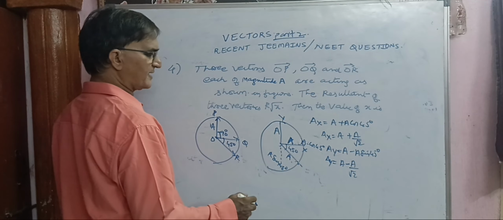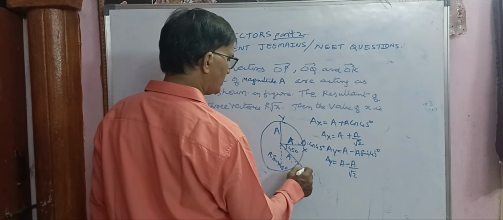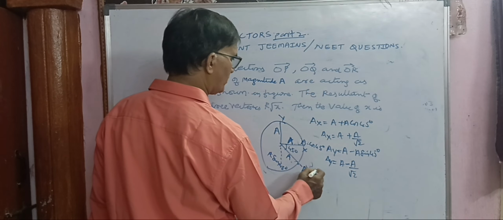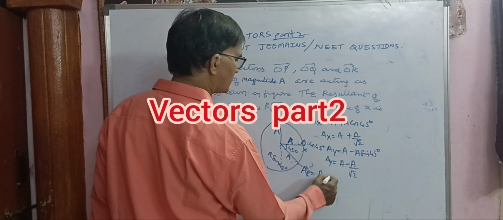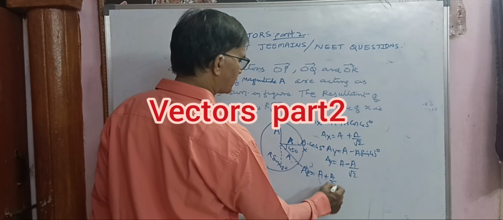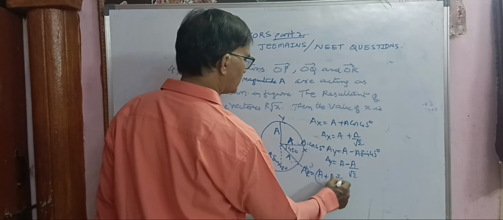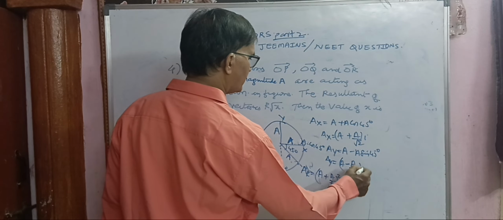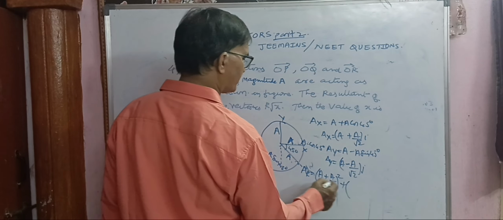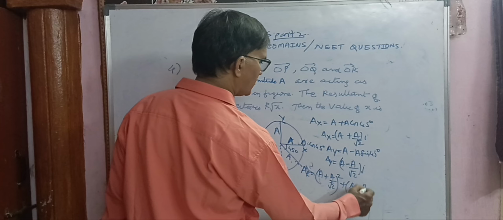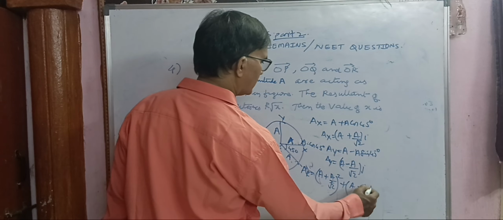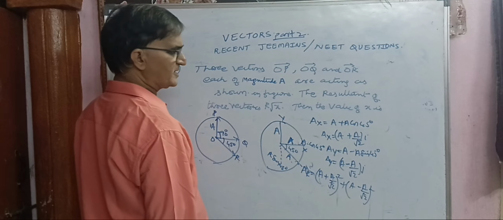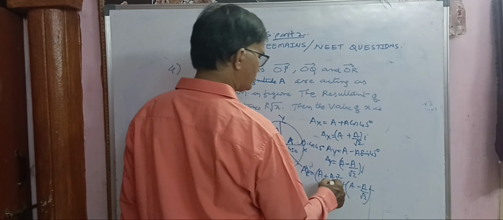Now the resultant vector, if we write it like this, A resultant will be A plus A by root 2 whole square plus, this is the I component, this is the J component. So you want the magnitude, no? So A minus A by root 2 whole square. This is of the form A plus B whole square, A minus B whole square. This will be how much?